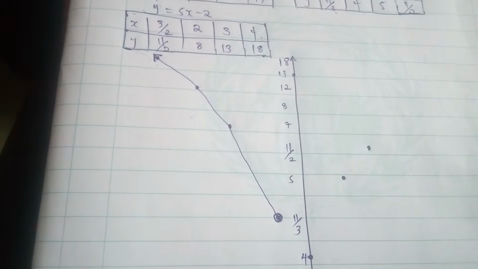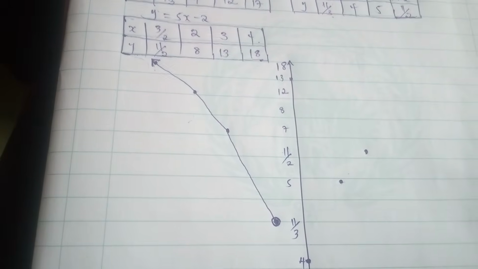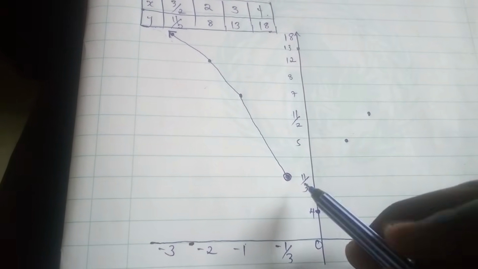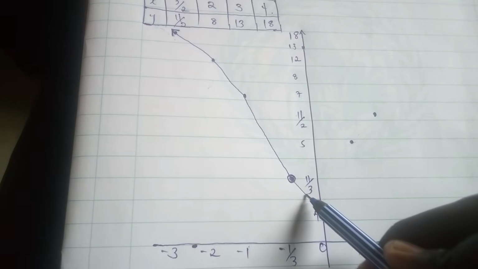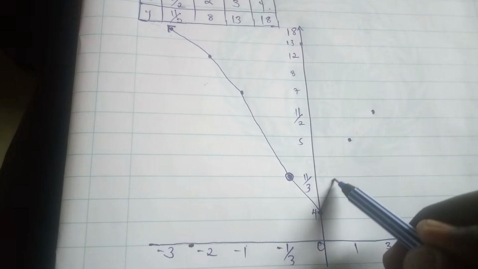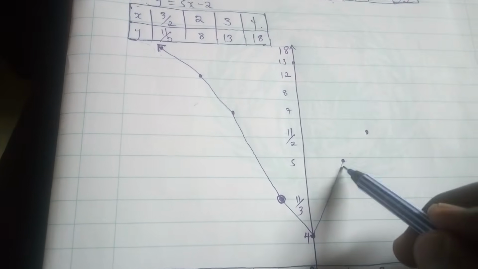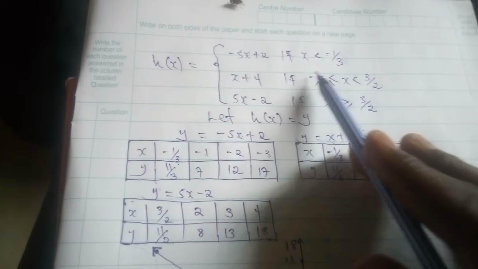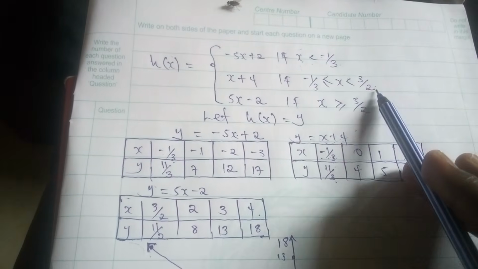So from there you connect from that side, also that side. There you're not going to put an arrow, because the points were restricted. You start from there, you end from there.